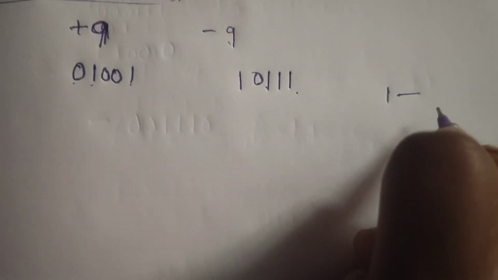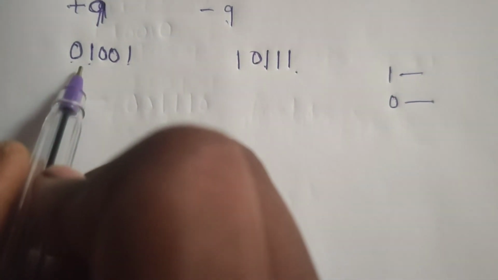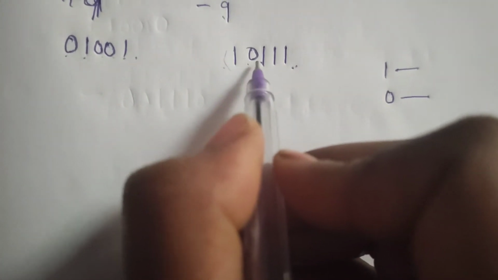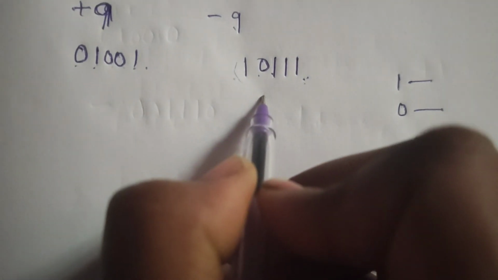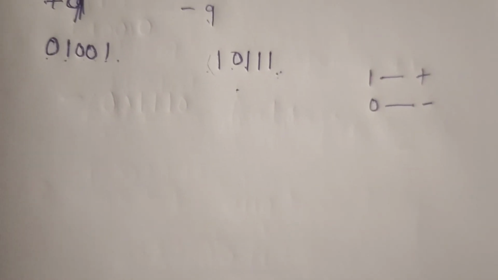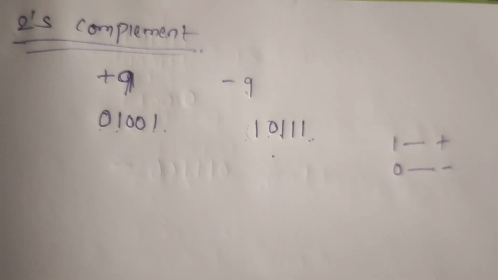As I told you, 1 is used for the negative symbol in binary, and 0 is used for the positive symbol. So plus 9 is represented as 01001, and if you give the data as 10111, this is considered negative, and the rest is considered 9. So this is the 2's complement representation. This way a negative value is represented using 2's complement.